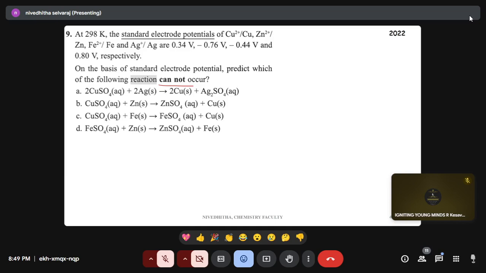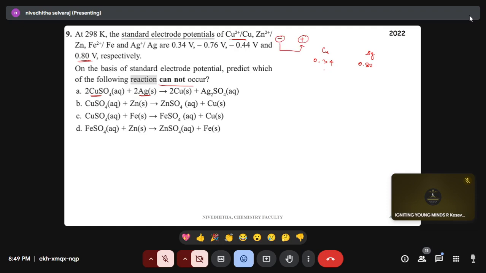See, in the first reaction, they are connecting copper and silver, right? So what is the reduction potential of copper? Which is 0.34, right? And silver is 0.80. We know the shortcut: electrons move from negative terminal to positive terminal, or smaller value to larger value.